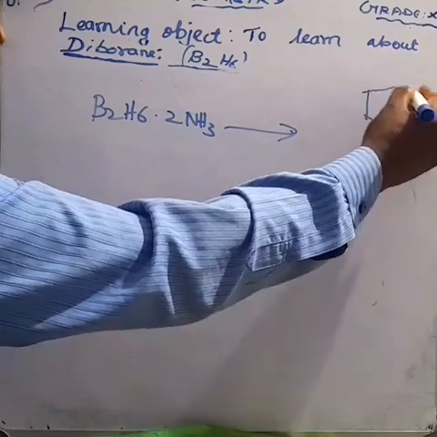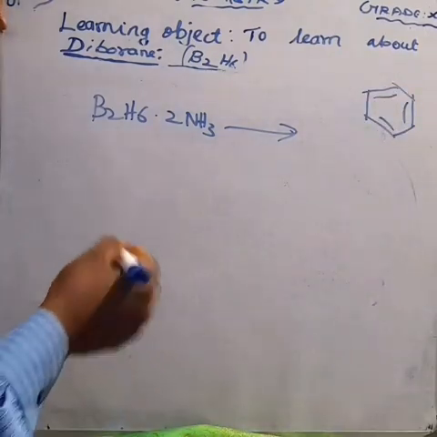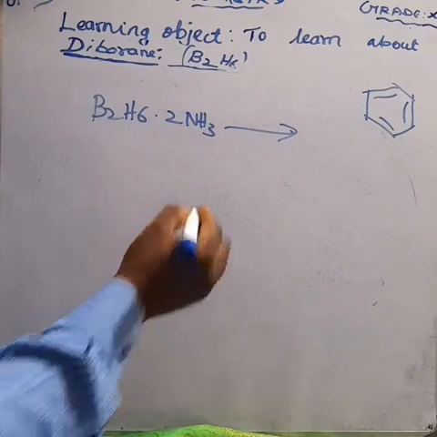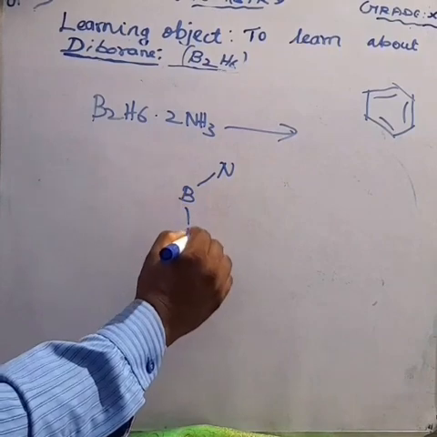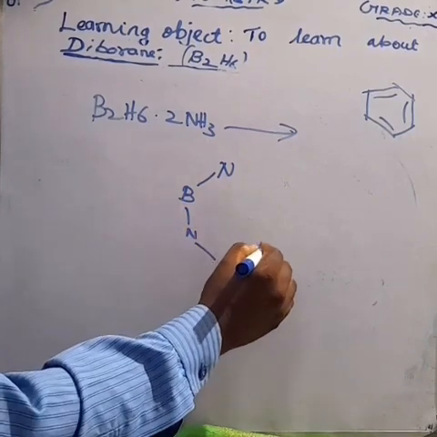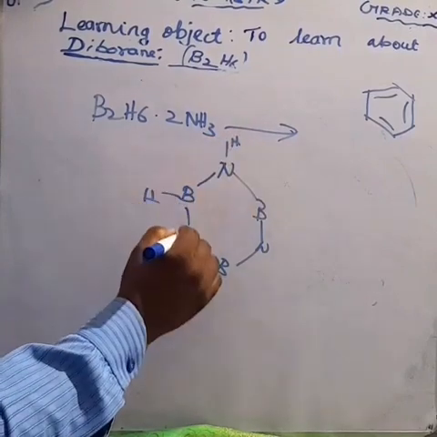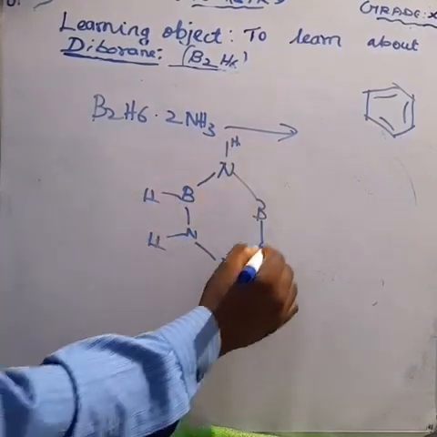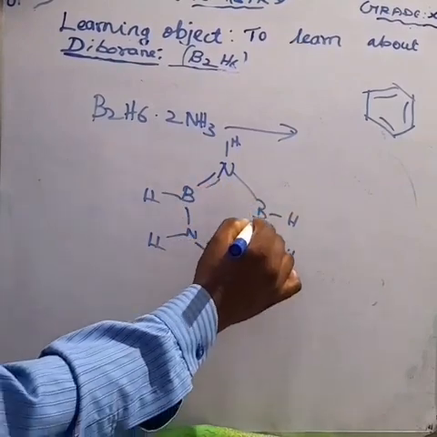Already we learned in 11th grade. Like that, inorganic benzene. Inorganic benzene means nitrogen, boron, nitrogen, boron, nitrogen, boron, with hydrogen on each. Make it single bond, double bond, single bond, double bond, single bond, double bond.